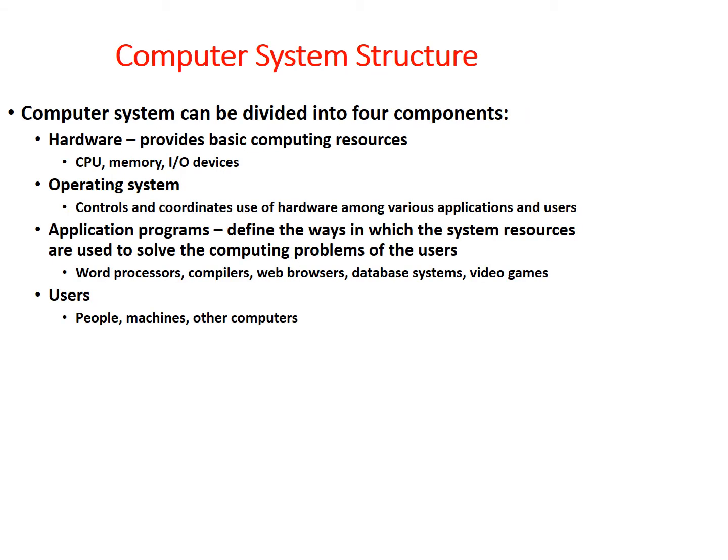Computer system structure. A computer system can be divided into 4 components. Number 1, hardware provides the basic computing resources: CPU, memory, input and output devices. Number 2, the operating system controls and coordinates the use of hardware among various applications and users.